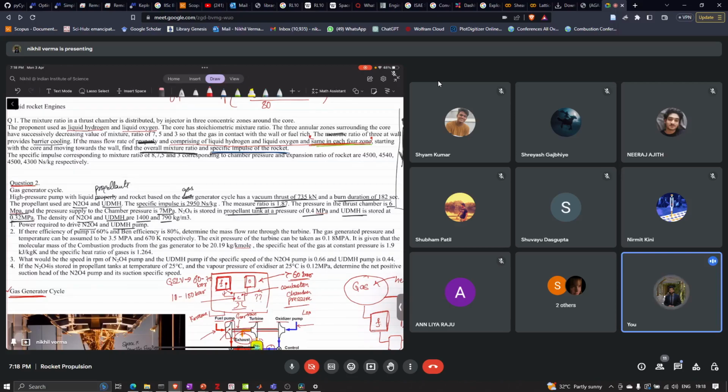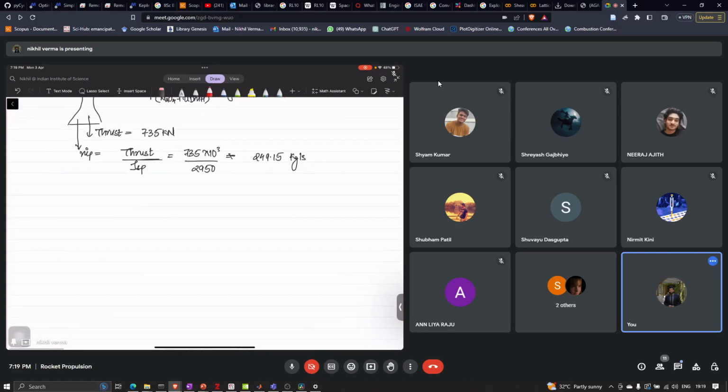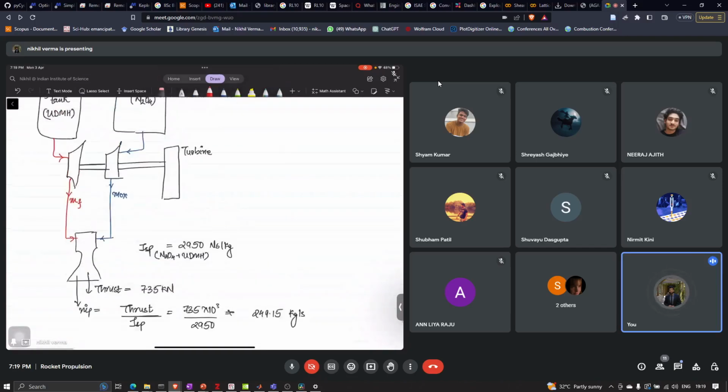Okay, so why we are doing this is because we have to find the power that is required to drive this pump for fuel and the oxidizer, right? So the pump power is given as delta P, the work that is given as delta P into the flow rate, right?